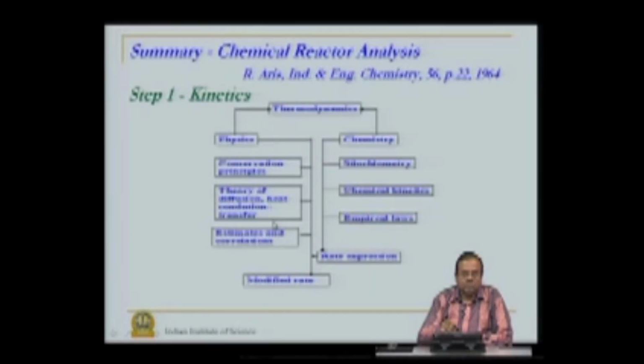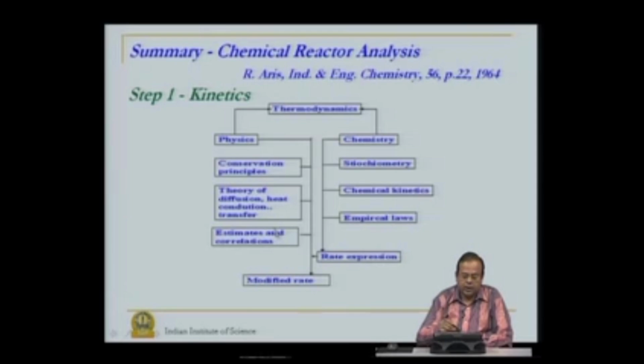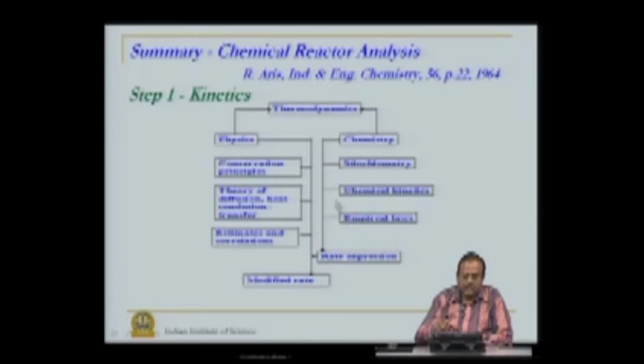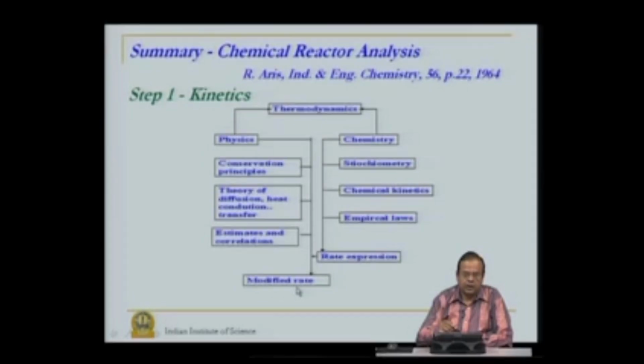So, depending on whether the reaction is taking place at the 10 ml level or the 10 meter cube level, these diffusion, conduction and transfer processes will be different, thereby making the rates of reaction sometimes different at different scales. So, pure kinetics is scale independent, transport is scale dependent. When you put them together, the actual reaction rate becomes scale dependent. So, this is at the kinetic level.